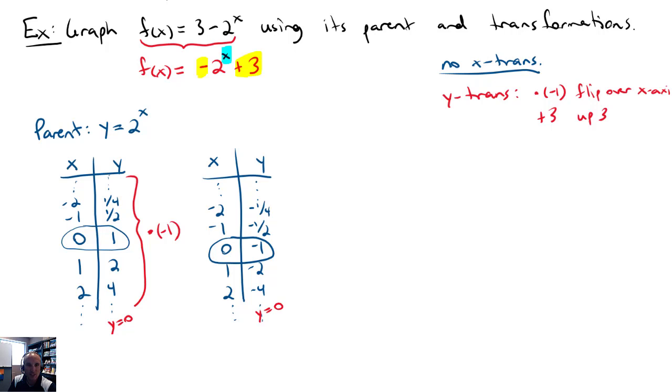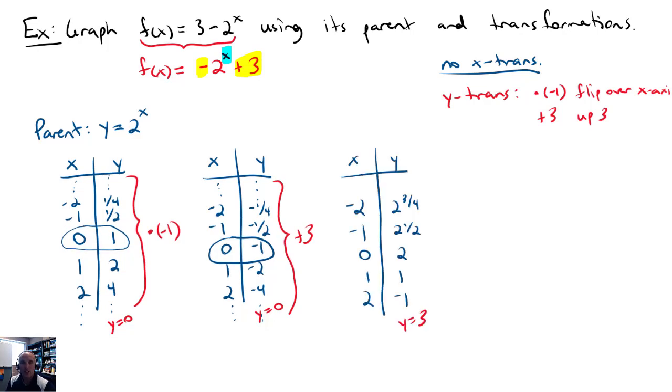So my asymptote is still y equals 0 after this first y transformation. But then I go and I apply the +3 operation to my y values and generate a new xy table. And now we can see, after adding 3 to all my y values, including my asymptote, that my graph has shifted, including the asymptote. This is the xy table for the function that I want, after I've applied all my transformations to my parent.